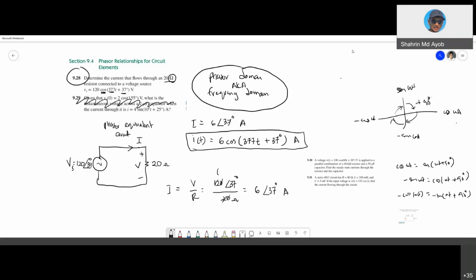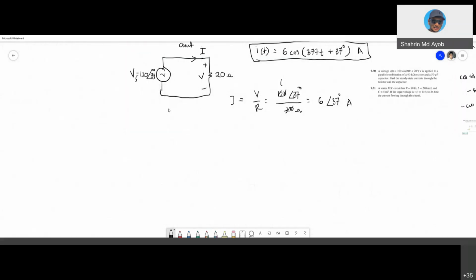Okay, so if you are required to draw a phasor diagram of V and I, you should draw like this. This is your imaginary axis, and this is your real axis.